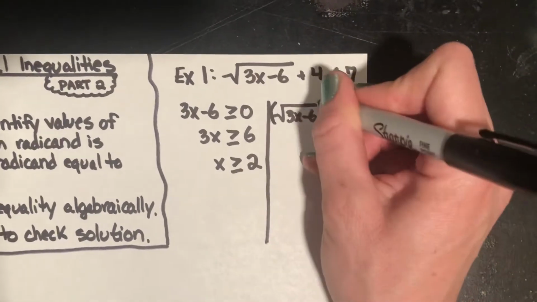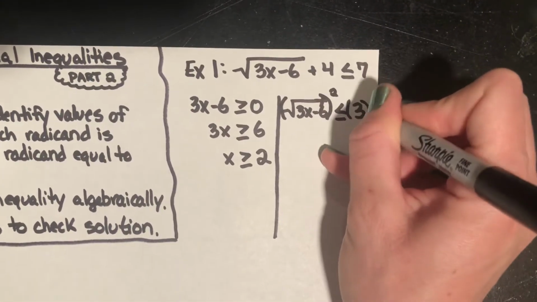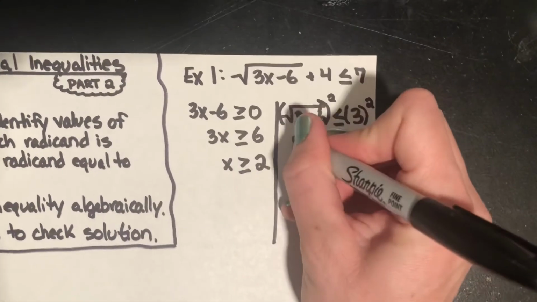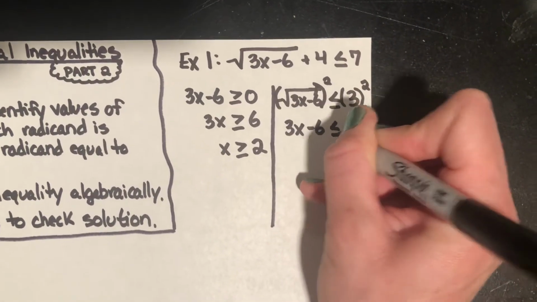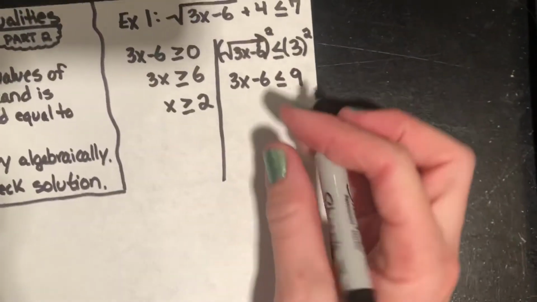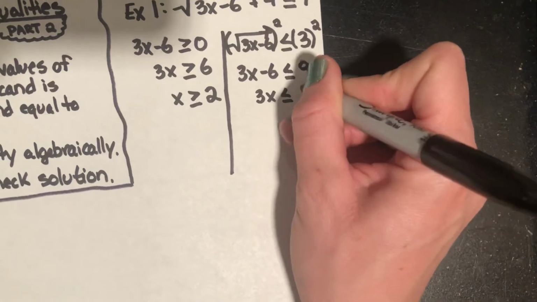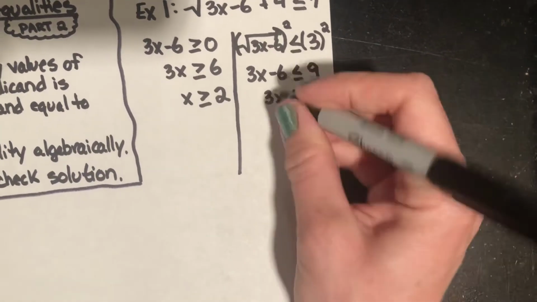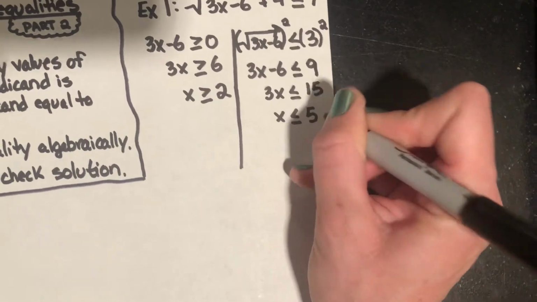We need to square both sides here. We have 3x minus 6 is less than or equal to 9. Adding 6 to both sides, we have 3x is less than or equal to 15, and x is less than or equal to 5.